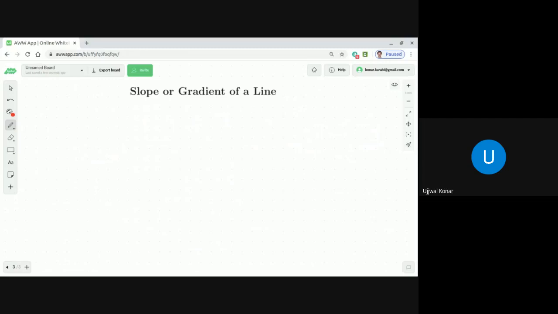Suppose I give you only 1 point, you can construct many straight lines passing through it, correct or not? But if I give you 2 points, it is impossible. You can construct only one straight line. It is impossible to find any other straight line.